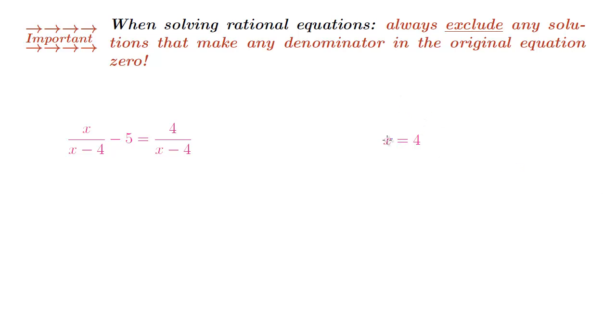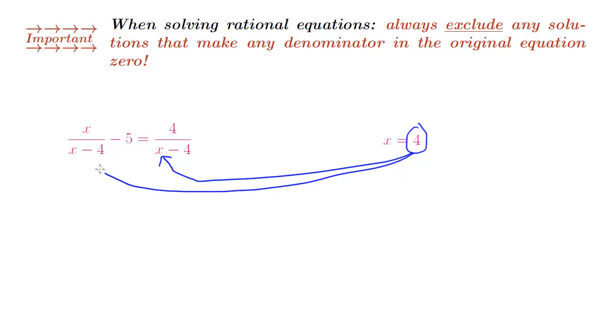But this doesn't make any sense because when you plug this 4 back into either denominator, it makes the denominator 0, making the fraction undefined. So always exclude any solutions that make any denominator in the original equation 0.